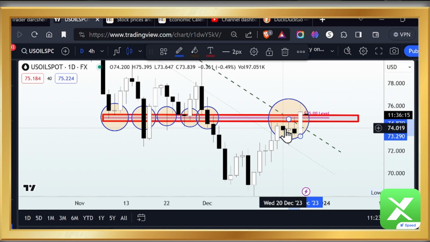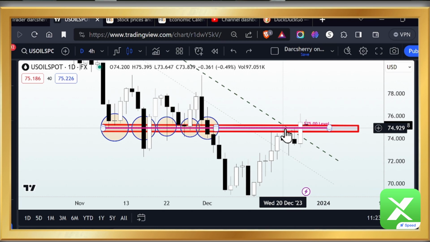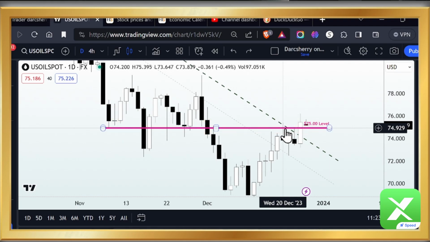With this information, you will realize that we are at a very crucial juncture in this market where how market participants react to that $75 level, which shares a confluence with that descending trend line, will play a major role in determining if we are going to be going bullish or bearish.